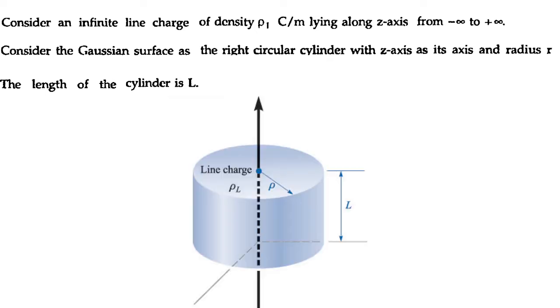If you see this diagram, we have kept an infinite line charge along the z-axis. We are assuming the Gaussian surface, that is the blue color cylinder, covering the z-axis with a radius of r.